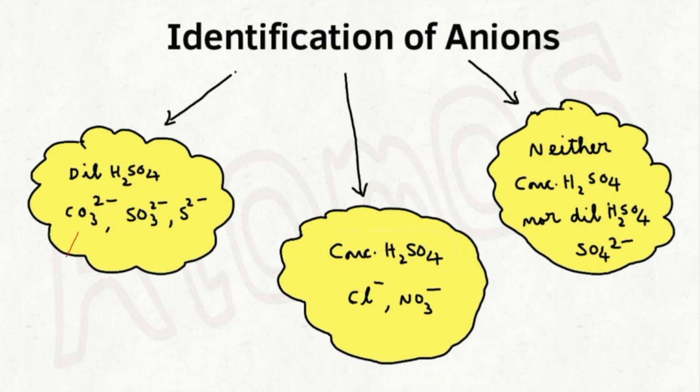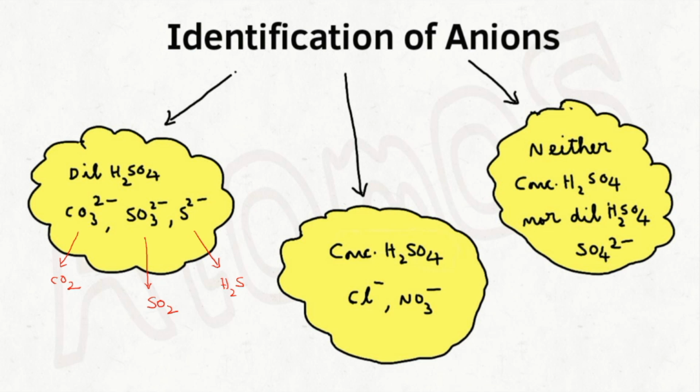Whenever a carbonate ion is present in the salt solution and you add H2SO4, carbon dioxide gas will be evolved. Whenever you add dilute H2SO4 into a solution containing sulphite, it will produce sulfur dioxide gas. You can detect it easily. And if S2 minus ion is present, definitely you can see the evolution of hydrogen sulphide gas if you add dilute H2SO4 into that.